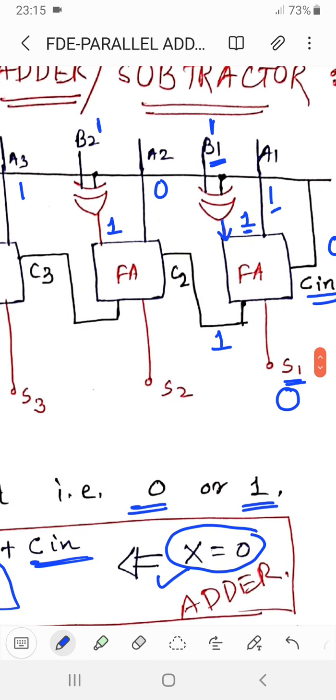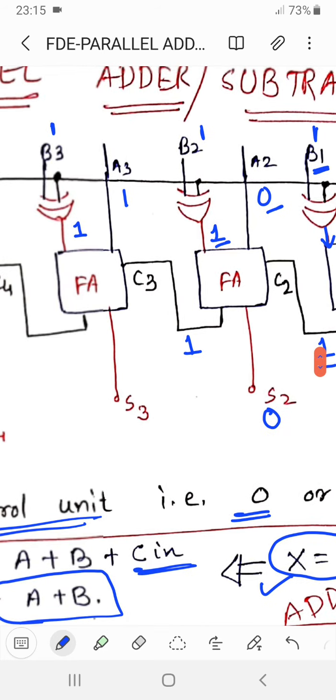In this second full adder, what happened? It is 1 plus 0 plus 1, so once again the sum is 0, and because of 1 plus 0 plus 1, I have again a carry for the next stage.